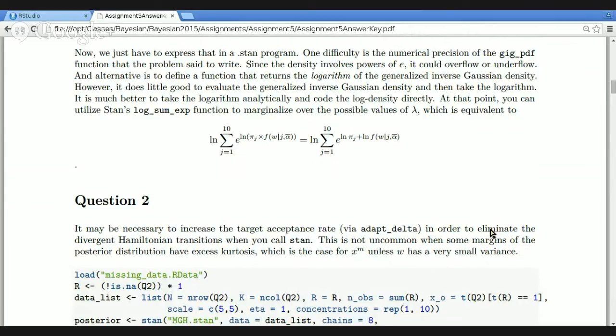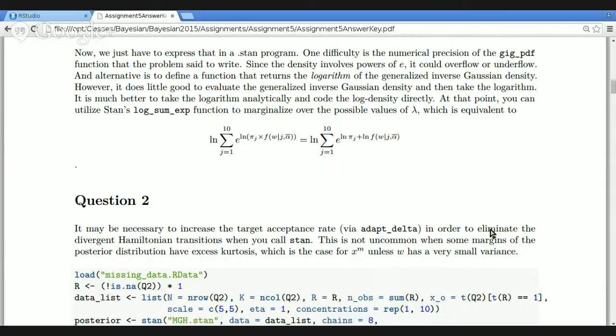And so the better way to do it would be to implement a function for the logarithm of the generalized inverse Gaussian distribution. And that allows you to use the more numerically stable log sum exp function to mix over lambda.